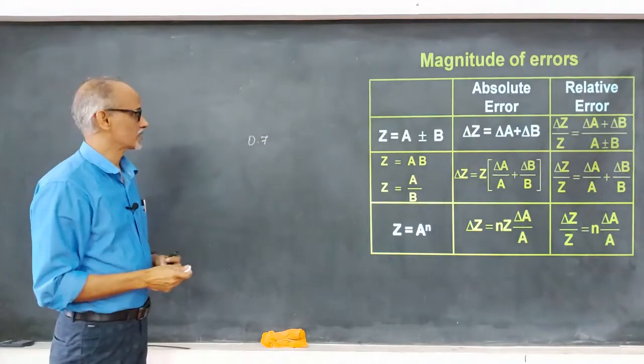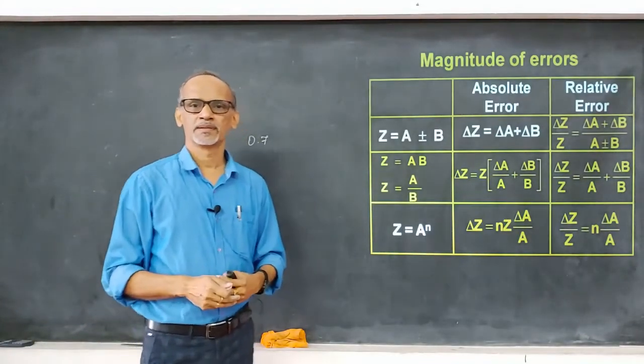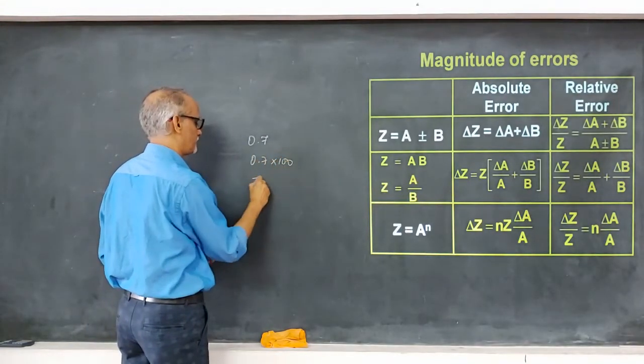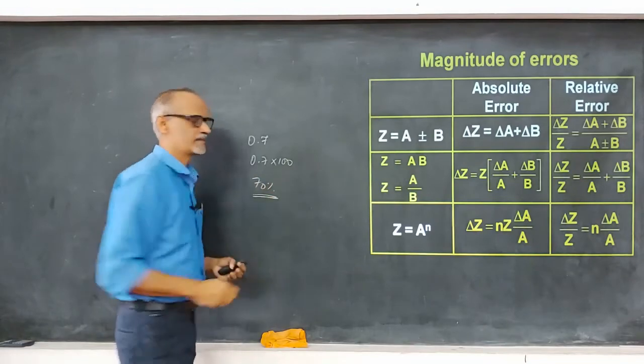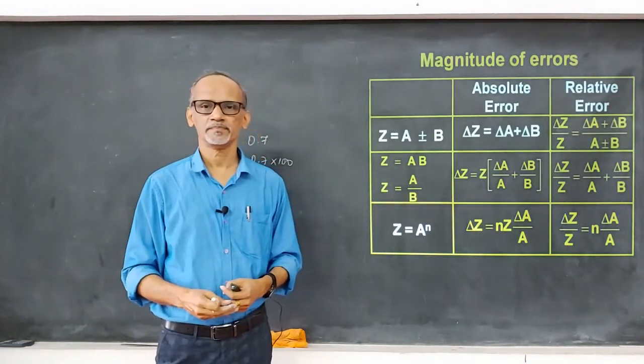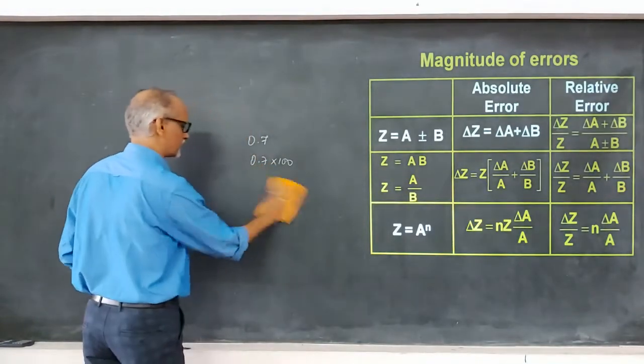If the relative error is 0.7, then how to find the percentage error? Multiply 0.7 into 100. You will get 70. So, 70% is the percentage error. Are you clear? So, this is how we can calculate the magnitude.